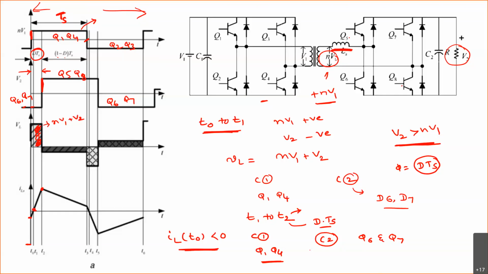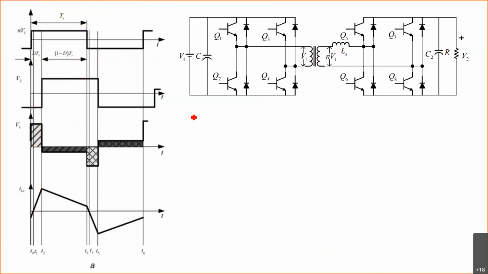So for this entire period from T0 to T2, how will we write the rate of change of the inductor current in terms of equations? This voltage is V2 plus NV1 and its duration is DTS. So we can write V2 plus NV1 is equal to LS into di by dt.